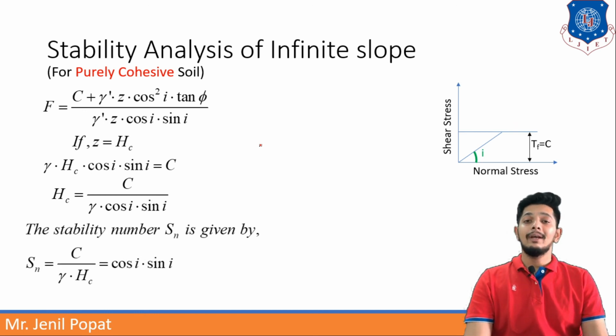If we want to define stability number Sn, Sn can be written as c upon gamma into hc. We know that very well from the previous video. Here c upon gamma hc can be written as cos I into sin I, putting the hc value, that is a very simplified form. Or we can also say F is equal to hc by h again.